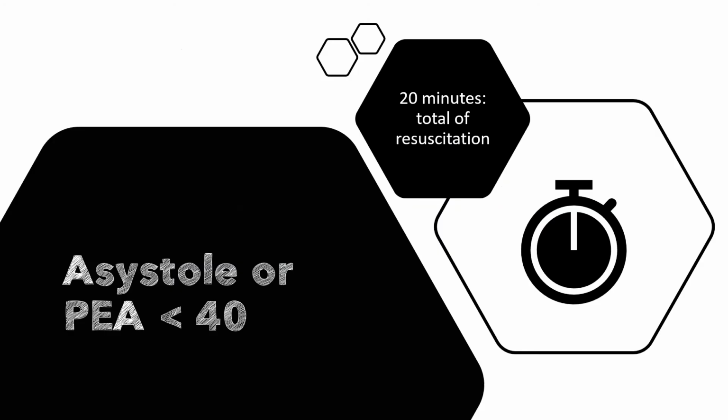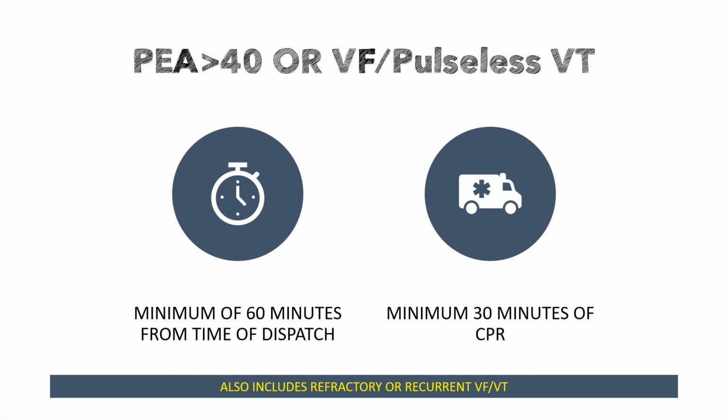For asystole or PEA less than 40, it's a little more straightforward. All you have to do is 20 minutes total. If they're in asystole when you get there, or PEA less than 40 and it doesn't go above 40, well then just work them for 20 minutes. It's kind of like our current protocol. This one does not require medical control authorization. This one does.